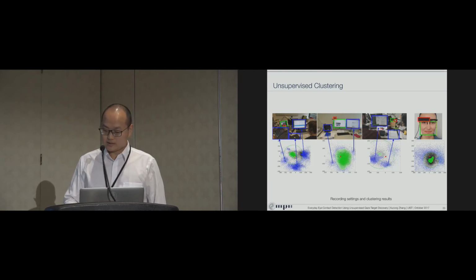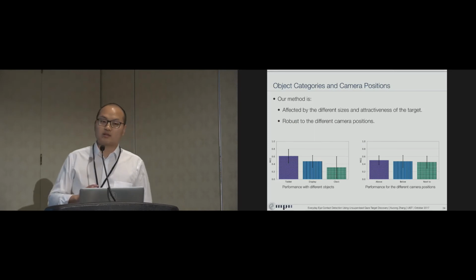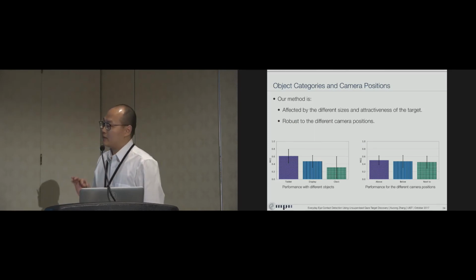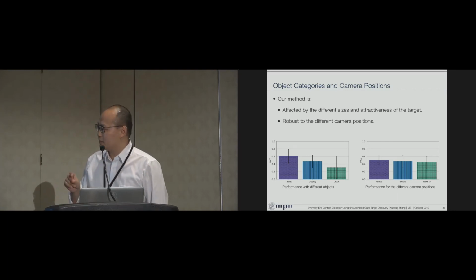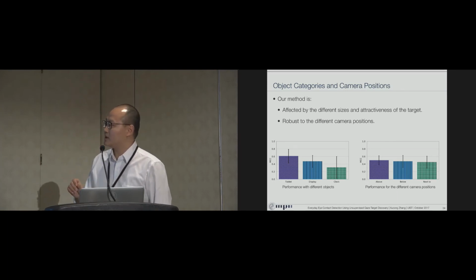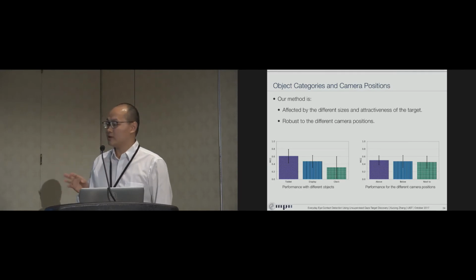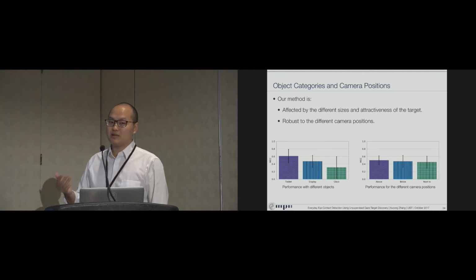So the last experiment I want to show you is the performance across different objects and also the camera position. The left figure is the performance across the tablet, display, and the clock. Our method performed best for the tablet because it's attractive to the participant, and it also has a reasonable size.